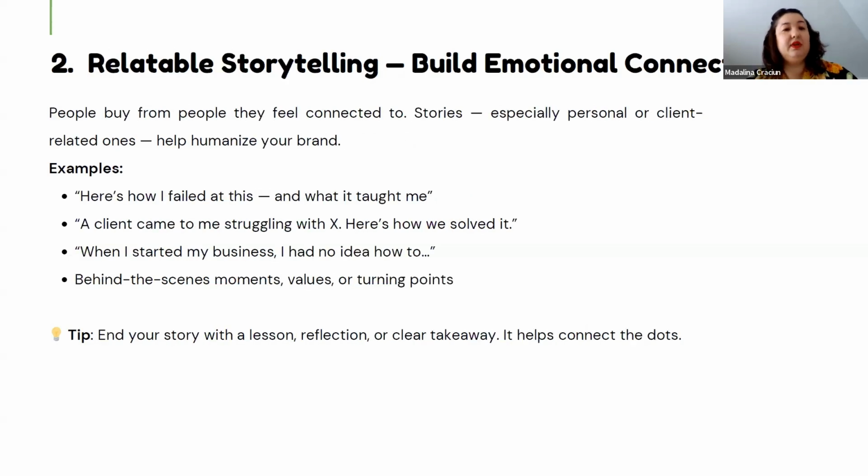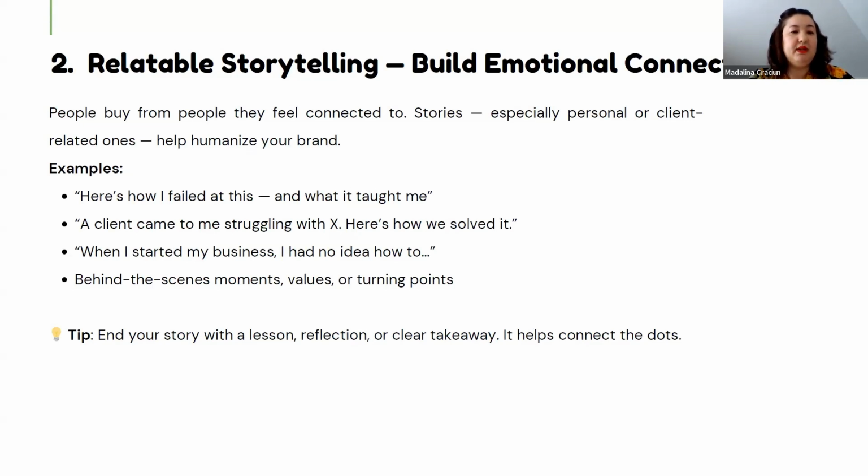Another type of content is relatable storytelling. Build emotional connection, because people buy from people that they feel connected to. Stories, especially personal or client related ones, help humanize your brand.